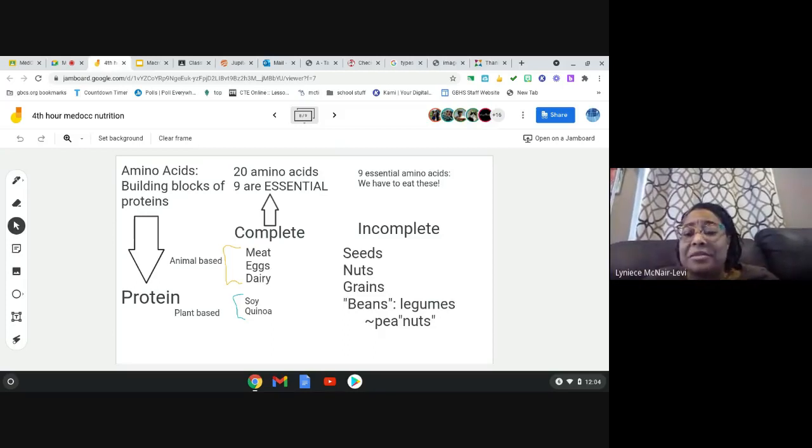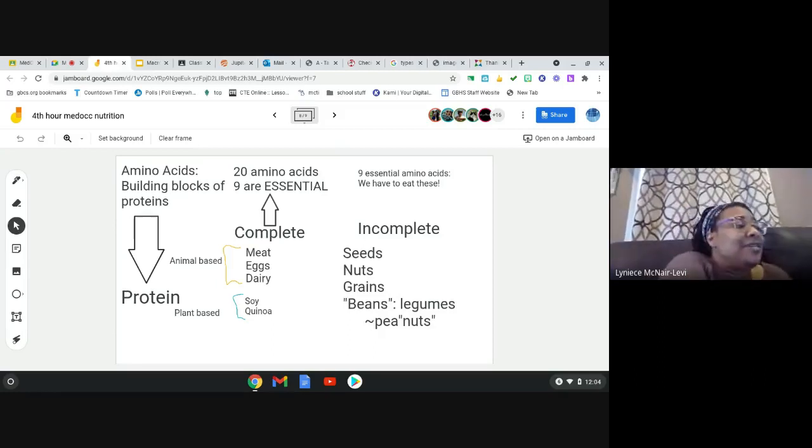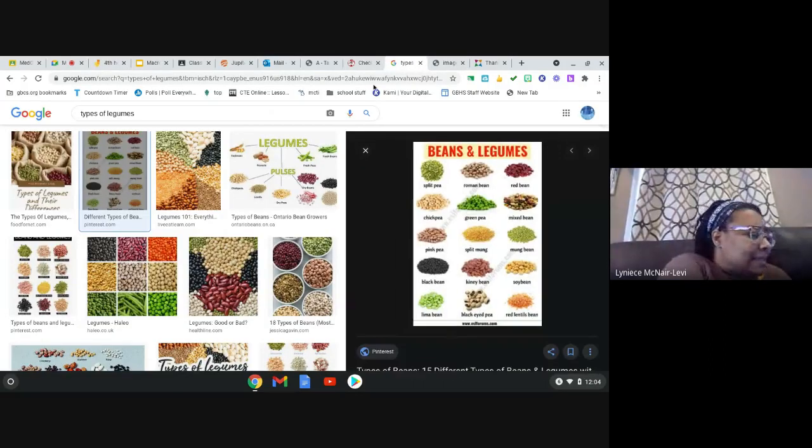Peanuts are legumes. Peanuts are beans. They're beans. And for those of you guys that are wondering, peanuts do not grow on trees. People are like, what? Yes, peanuts do not grow on trees. Peanuts grow on little bush-like plants.